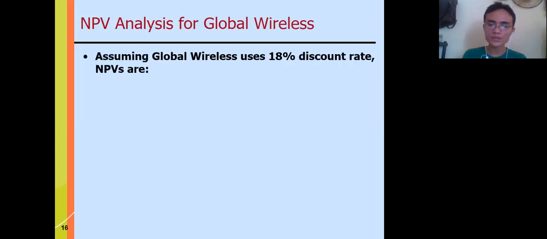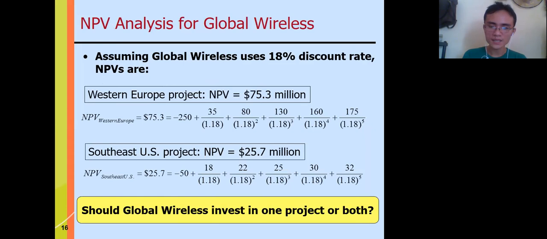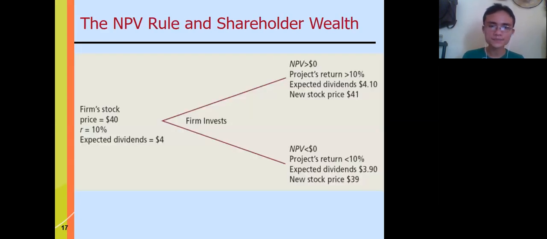Therefore, we are going to accept that project also. And then, should Global Wireless invest in one project or both? Both, if they have plenty or unlimited resources. But if they have limited resources, it will depend upon which has the higher margin. That's where the analysis would take place.